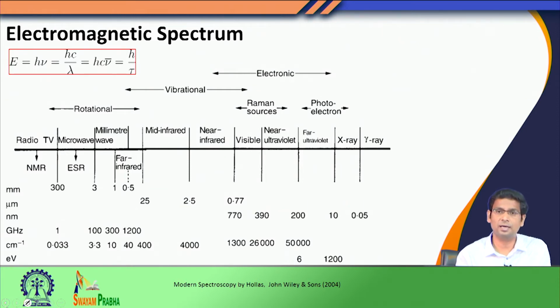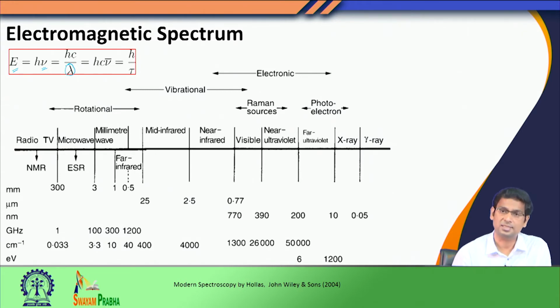It is a common practice to arrange these electromagnetic radiations in increasing order of energy or increasing order of wavelength. As we know, for a given electromagnetic radiation, its energy is given by E equals h nu, where h is Planck's constant. Instead of expressing it in terms of frequency, we can also express it in terms of its wavelength.